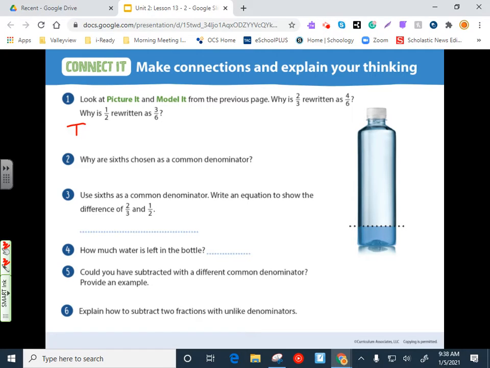Because thirds, which in this case is the 2/3, and halves, which is the 1/2, are different sized parts.